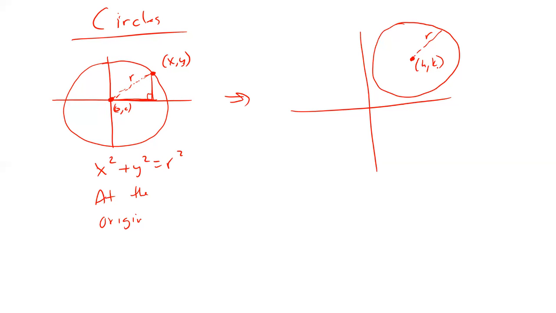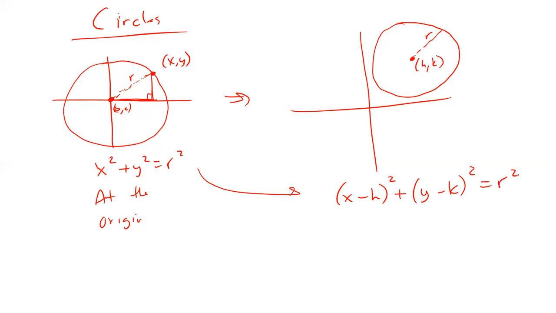All right, so now the question is, how does this formula change? Any guesses? I think I still have R squared in there, right? But instead of being at 0, 0, now you've moved it out this way. So the formula goes like this: x minus h squared plus y minus k squared is equal to r squared. And there's my little formula for a circle that's not at the origin.